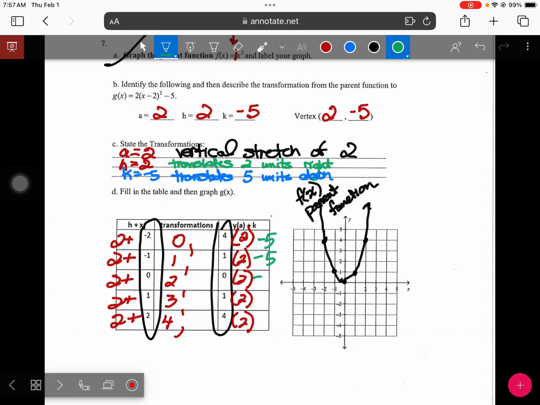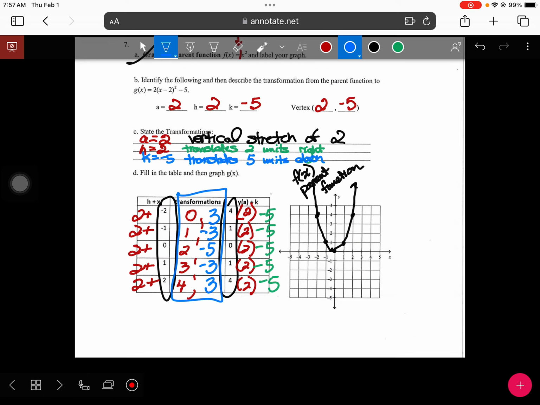Miss Didi is so tedious, I know. 4 times 2 is 8, minus 5 is 3. 1 times 2 is 2, minus 5 is negative 3. 0 times 2 is 0, minus 5 is negative 5. Then negative 3, and 3. These are your new coordinates.